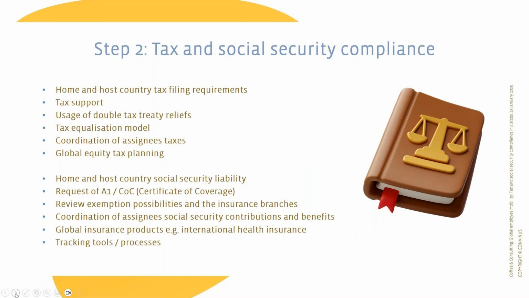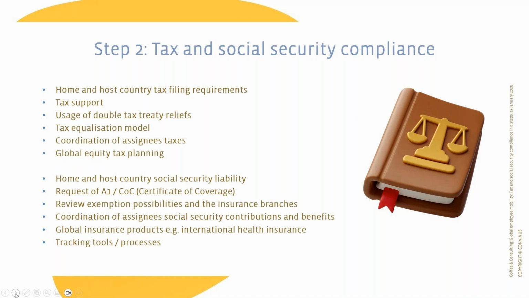If we look at tax and social security compliance, as I said, a good and detailed assessment should be done for each case. This includes the home and host country tax filing requirements. Looking at a situation, if you send, for example, someone from Switzerland to the US, he is single, he is getting deregistered here, going to the US for 3 years, and then coming back to Switzerland again.